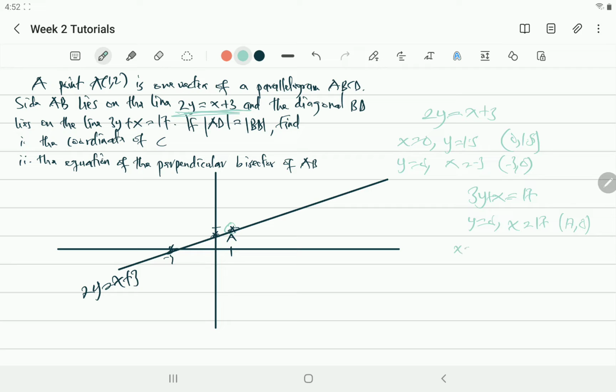And if x = 0, we get y = 17/3, which is 5.6. So eventually we have the point (0, 5.6).